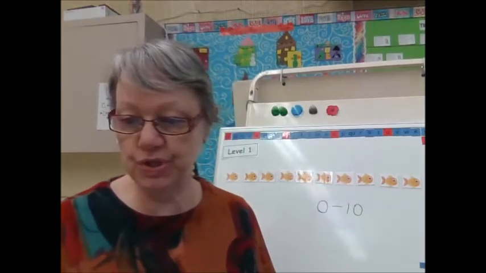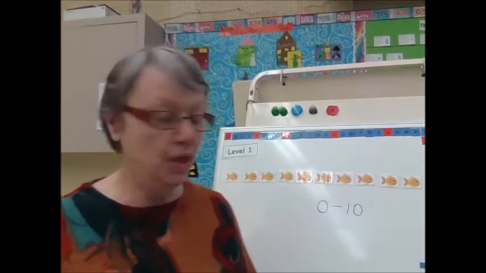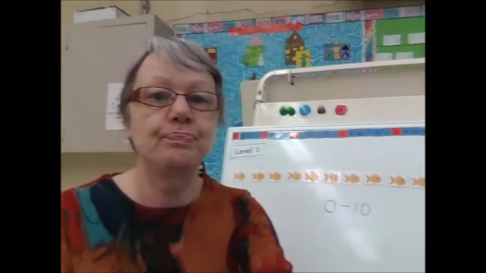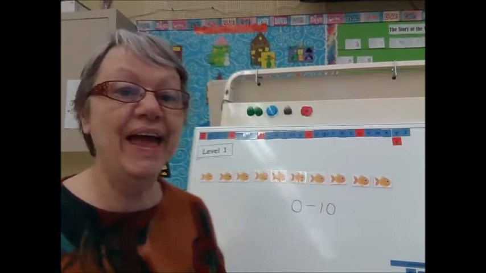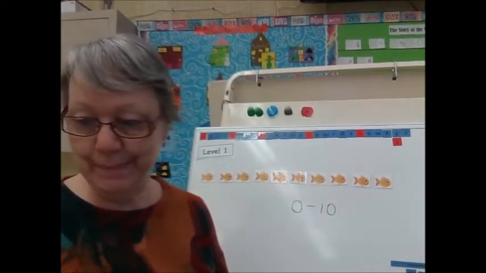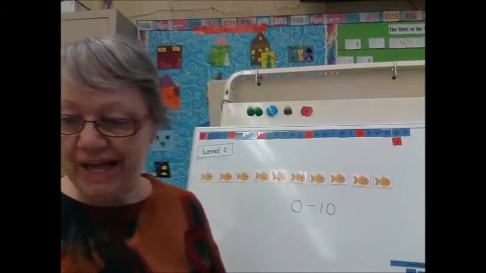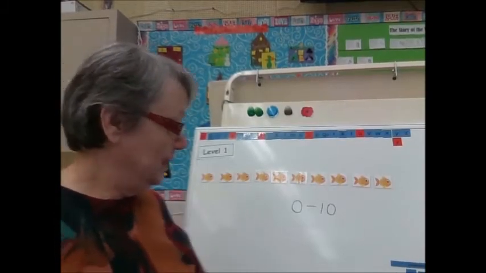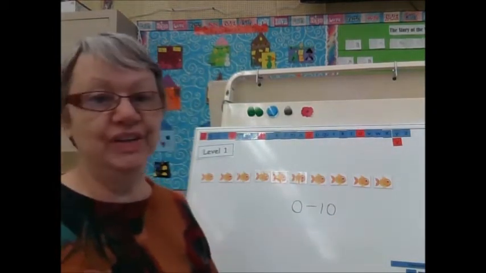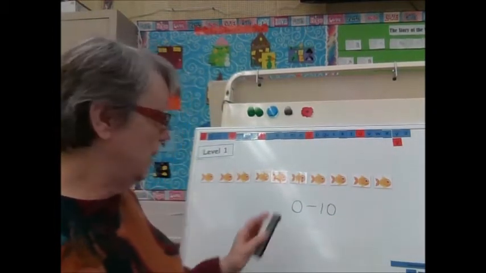All right? We're going to start going past 10. So up on the board here, you can see I have 10 fish, 10 goldfish. All right? And I am going to keep adding until I get to a certain number.